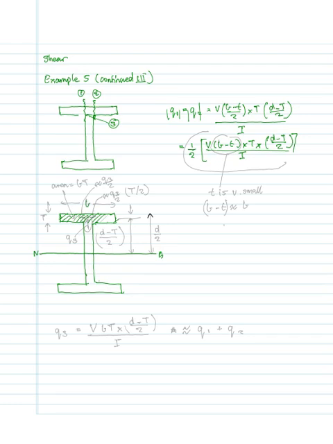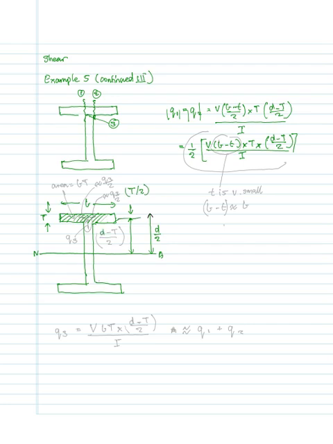So that's going to be B, that's going to be T, and then the distance from the neutral axis to that point, that dimension there is going to be D over 2, and then that dimension there is big T over 2.